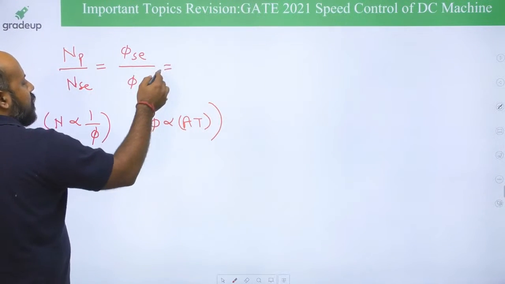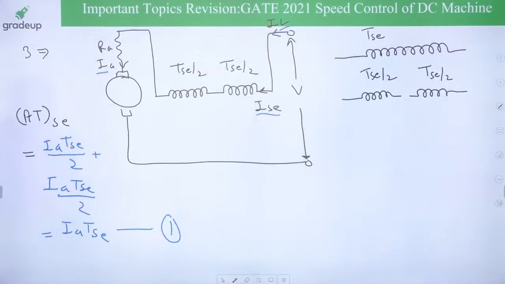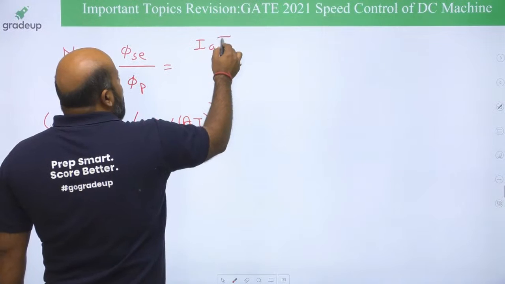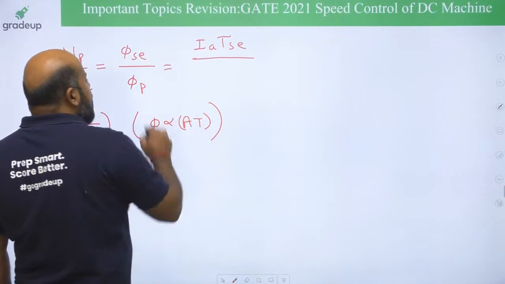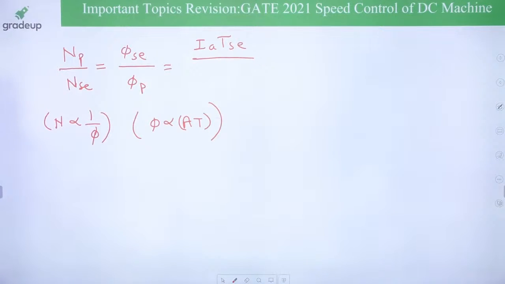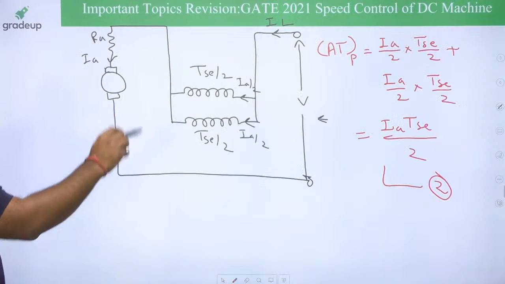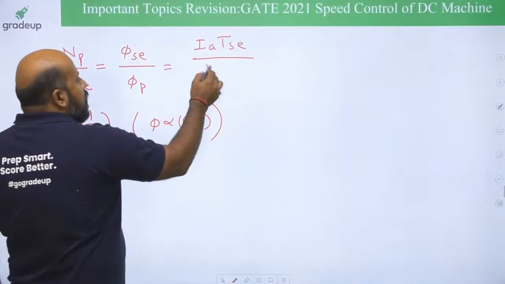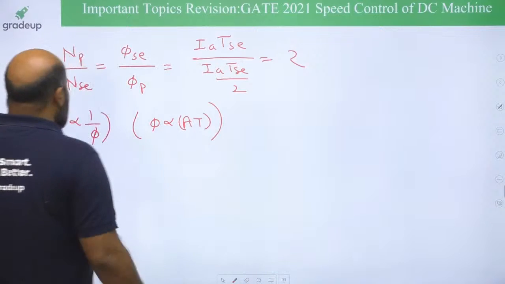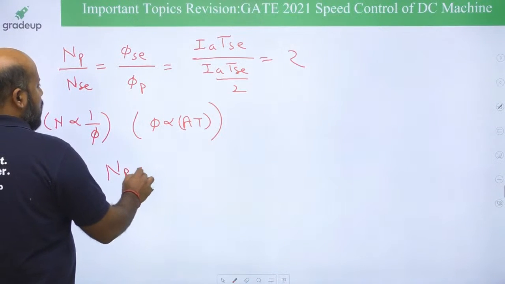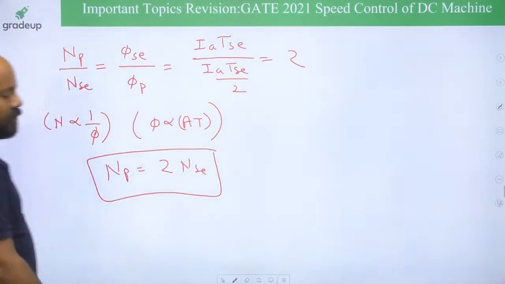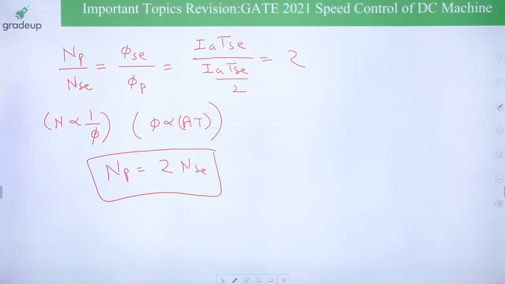The ampere turns for the series we have found here, IA TSE. What is phi P? Phi P is the ampere turns of the parallel combination, so it is IA TSE by 2. So you will be getting 2. So in case of parallel combination, the speed is going to be 2 times that of the series combination.